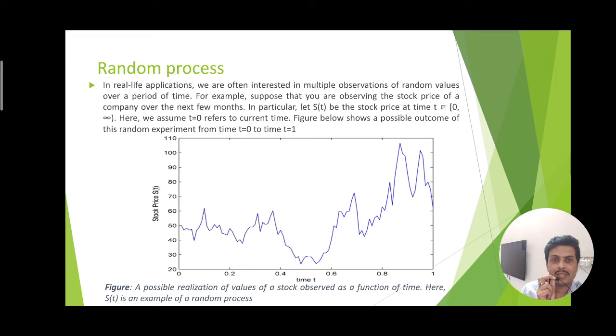Similarly, here an example is given for the stock market. What the stock price will be for the next 1 month is given in terms of money, that is, the stock price as magnitude, and it is fluctuating. Initially it has a lower magnitude, then it falls to a very low value, thereafter it rises, again falls, again reaches a peak value, again falls, again a peak value.